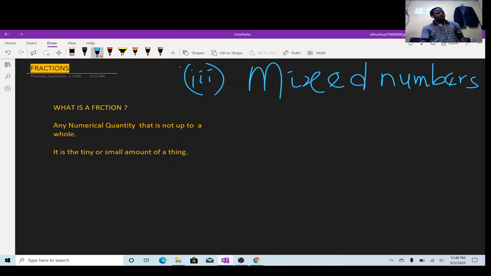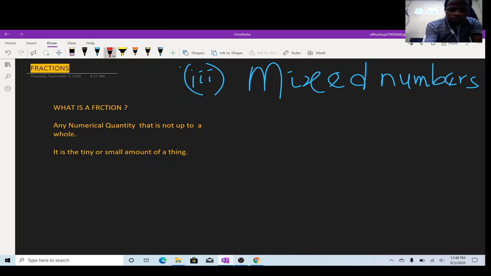Mixed numbers are used when you have a whole and a fraction combined together. You get it? A whole and a fraction combined together. So if you have them combined together, you're going to have a mixture, which makes mixed numbers. It used to be called mixed fractions, but since not everything is a fraction, there's a whole, so we call it mixed numbers.